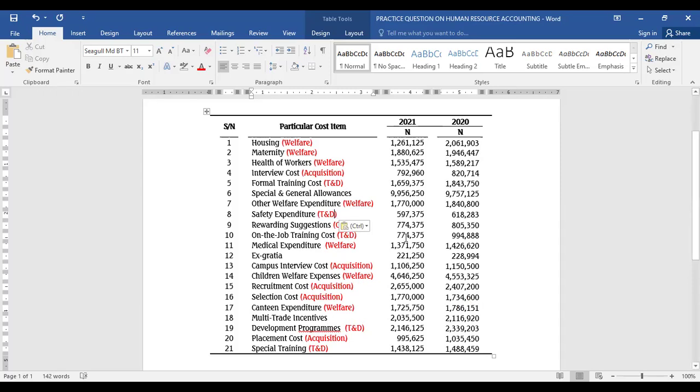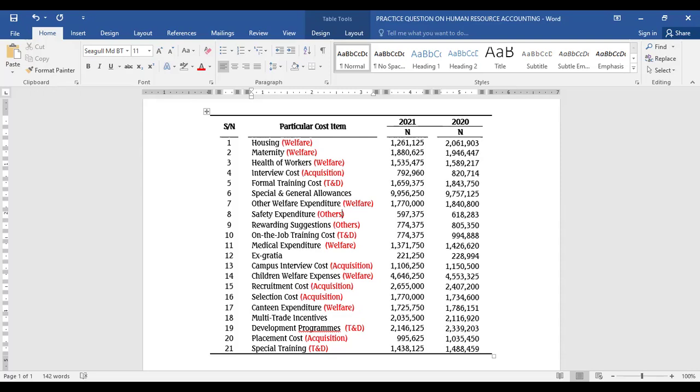For instance, if you ask me, this safety, I'll just tell you is others. Although some can argue and say it falls under welfare, because if you don't have safety measures in place, the environment may not be made conducive enough.